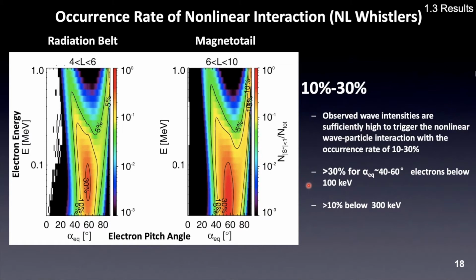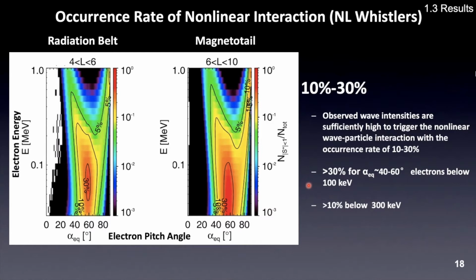This number is actually surprisingly high to us, because previously we only observed a few, less than 10, acceleration events that can be attributed to the nonlinear whistlers. So people would anticipate that there are not many waves intense enough to trigger the nonlinear effects, but this number, 10 to 30%, is actually very high.